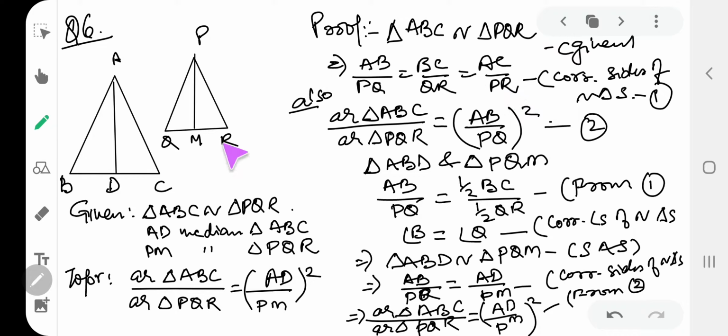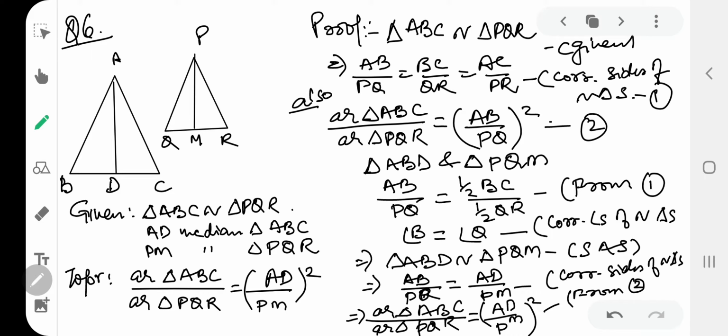And if the triangles are similar, then the ratio of their area is equal to ratio of square of their corresponding sides. Therefore, area of triangle ABC upon area of triangle PQR is equal to AB upon PQ whole square. Let us take this one as first and this one as second.